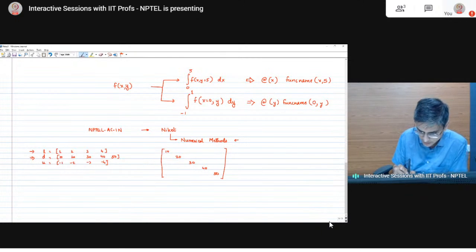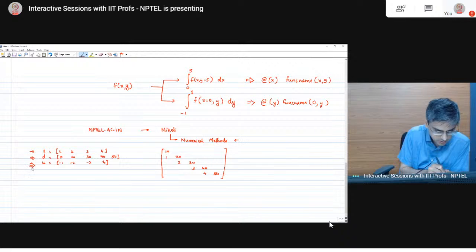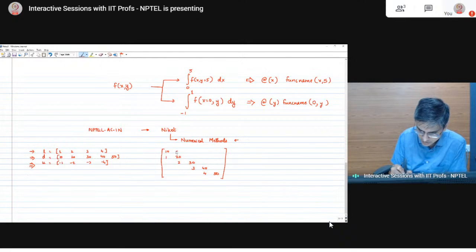L is the lower triangular, so it's 1 2 3 4. U is upper triangular, so it's -1 -2 -3 -4. Others are 0.